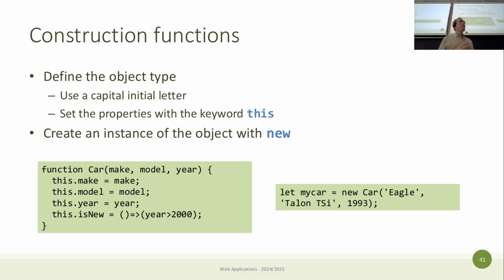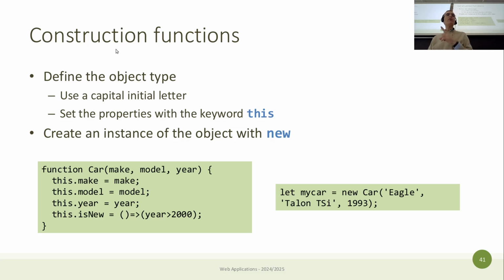So it's a sort of patch, we could say, to emulate what we do in object-oriented programming languages, even though JavaScript is not really an object-oriented language with classes and templates. So that's what we can do here.